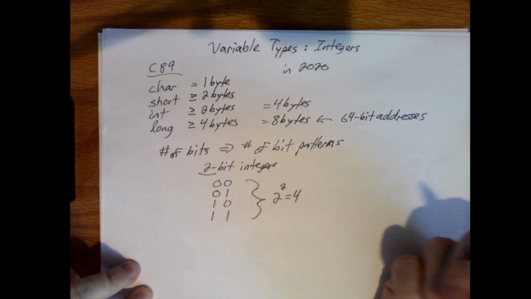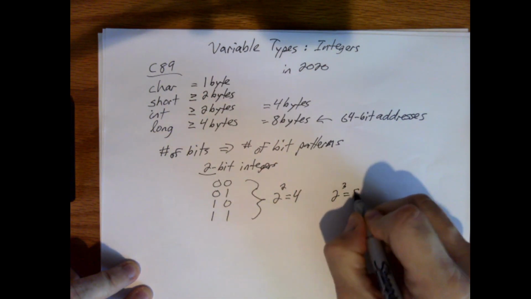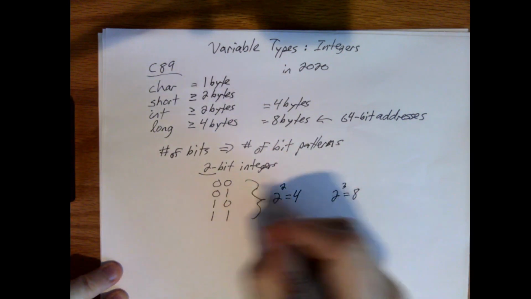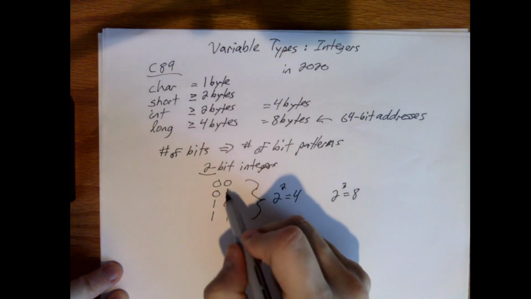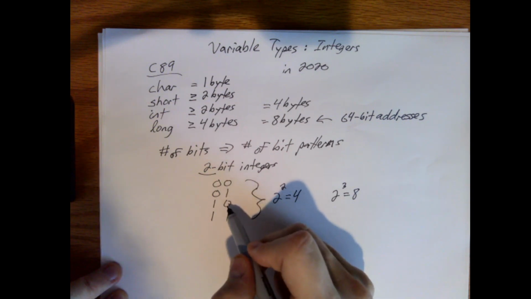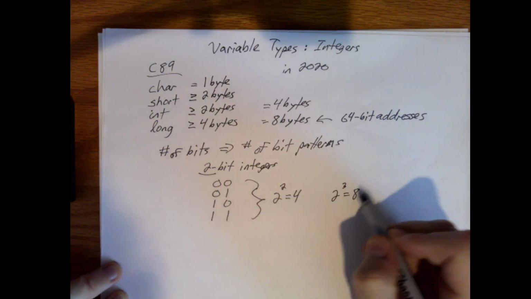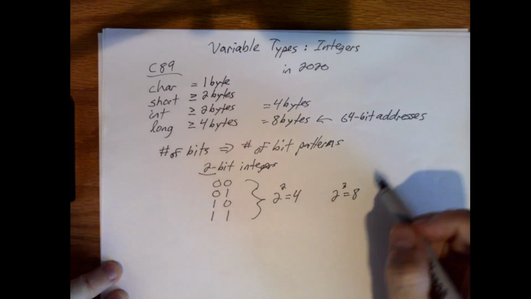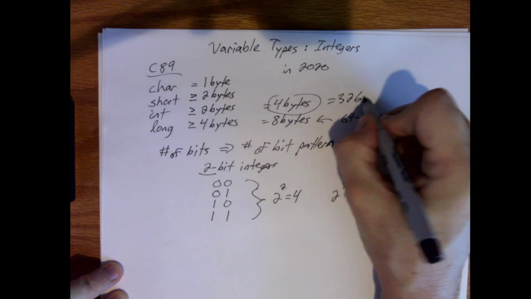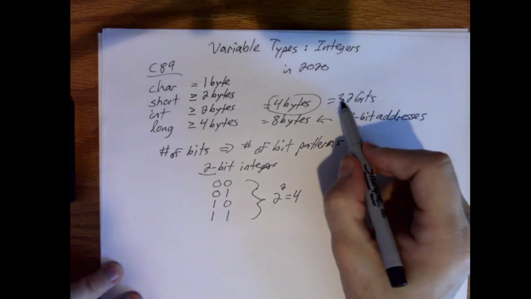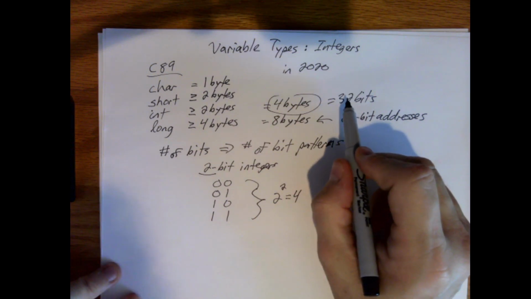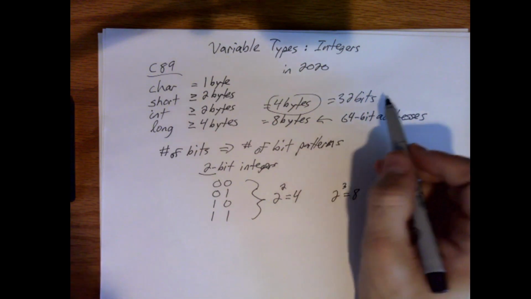If I had 3 bits, then I'd have 2 cubed equals 8 bit arrangements or patterns. The importance of that is if I have 4 arrangements, well, then that means I can represent 4 distinct values. If I have 8 arrangements, I can represent 8 distinct values. So that's the reason why 4 bytes, which is 32 bits, has about 4 billion different arrangements. So there's about 4 billion different numbers I can represent.